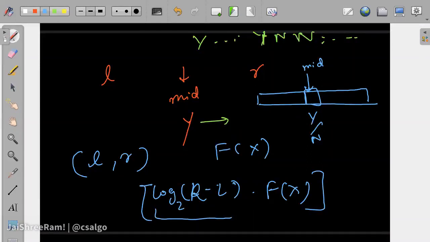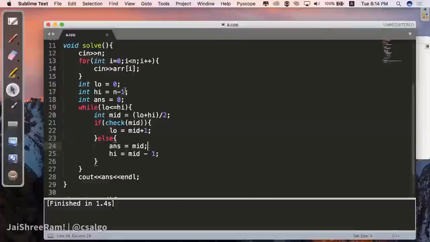The movement part will take order log of the range space, and for every mid call you will need f of x to be called, which takes whatever the complexity of f of x is. In this particular problem, the range space was up to order n, so R minus L will be n. So this will be order log n, and the check function was order 1, right?